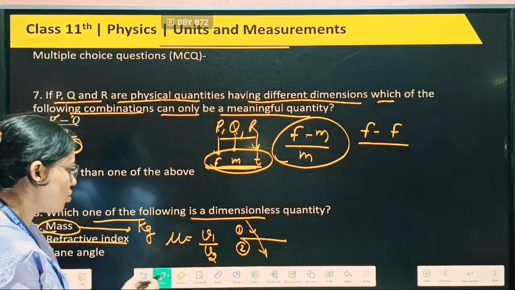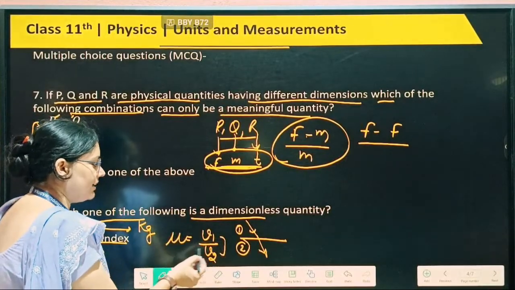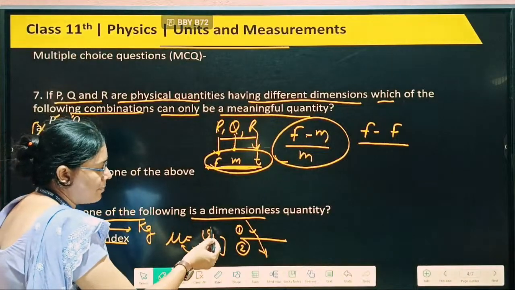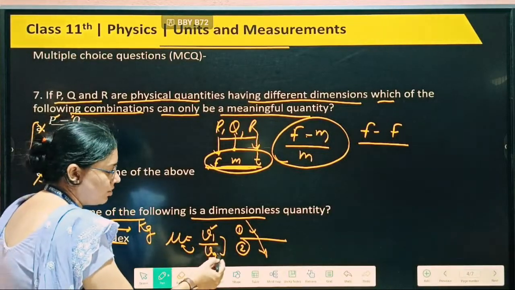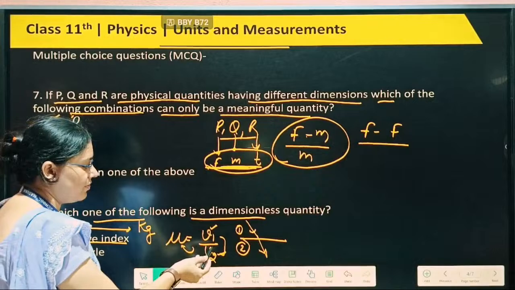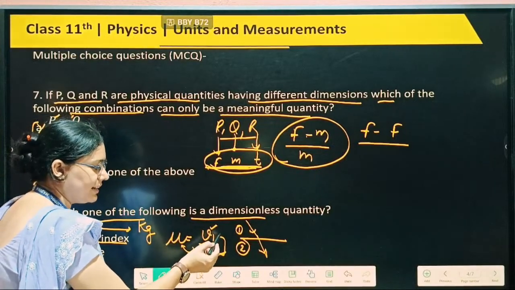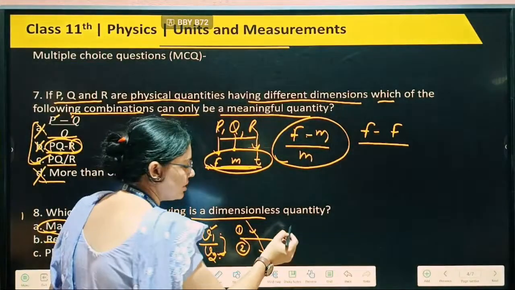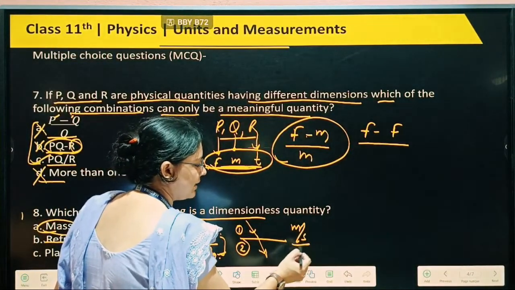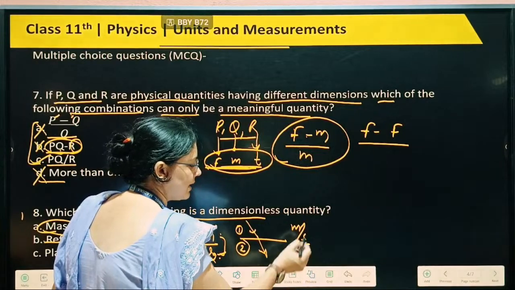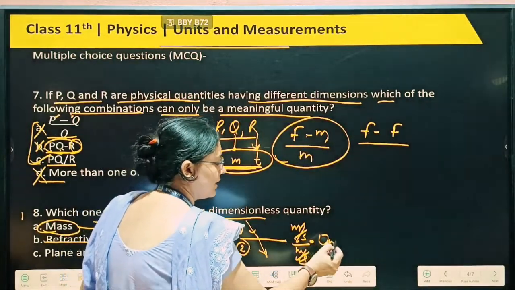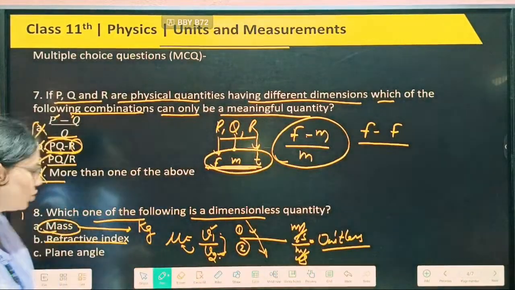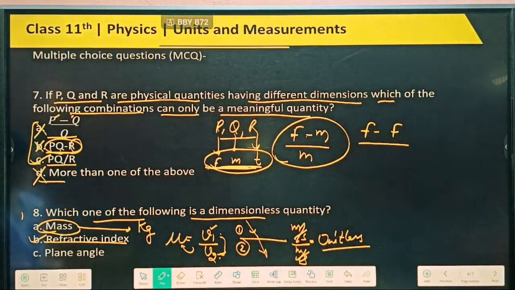Yes or no? So the ratio of the speed of light, that we will call refractive index. See here, beta, upper side also speed, downside also speed. So when we find the ratio, the speed is meter per second, and these units will cancel out, meter per second downside also, then it will be unitless. Yes or no? So refractive index will be unitless, the second option will be the right option.